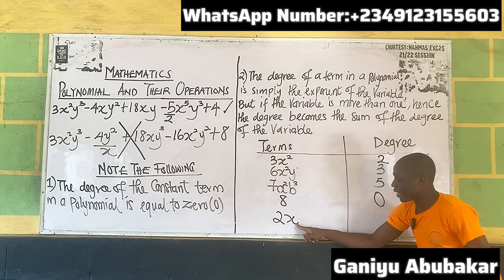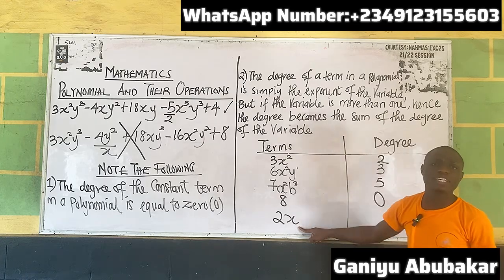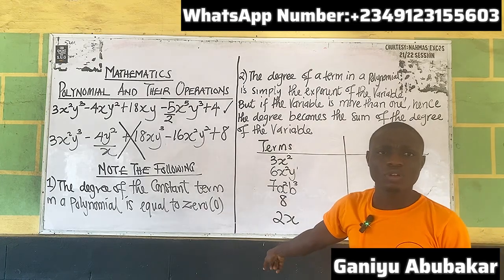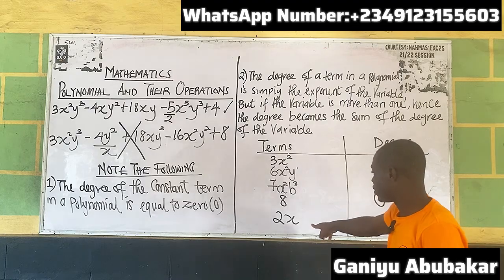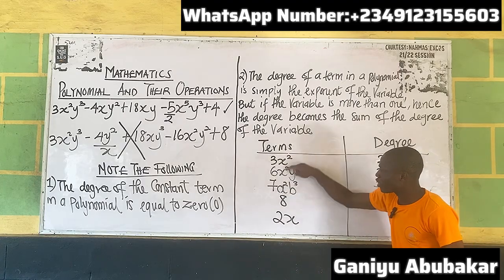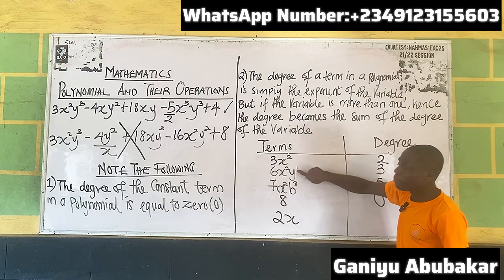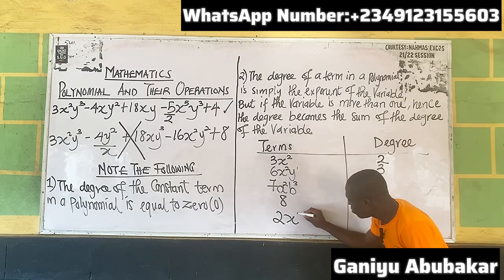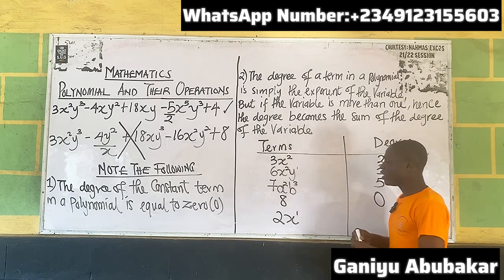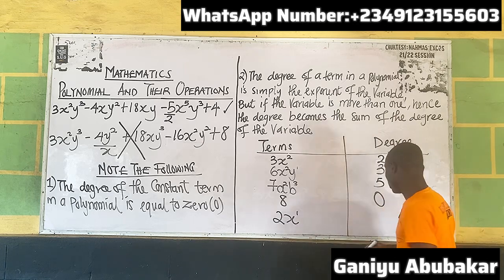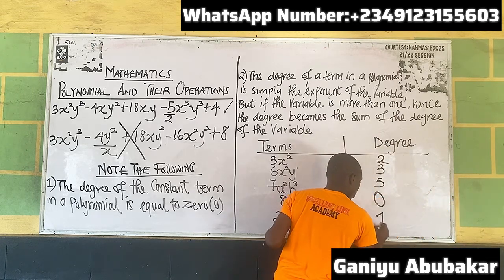Finally, I'm having 2x. What is the degree of 2x? If it was x squared, the degree would be 2, but anything this way has an invisible 1 as the power. So what's the degree of this one here? It is 1.